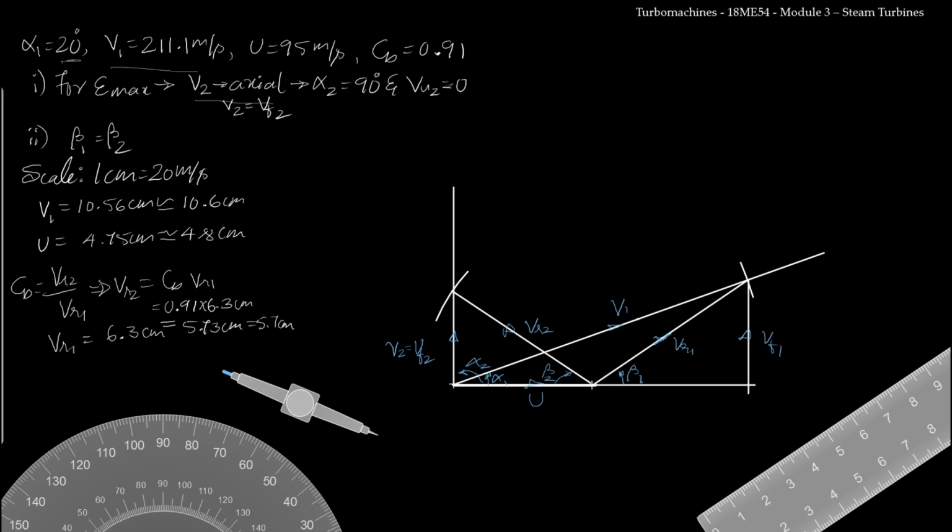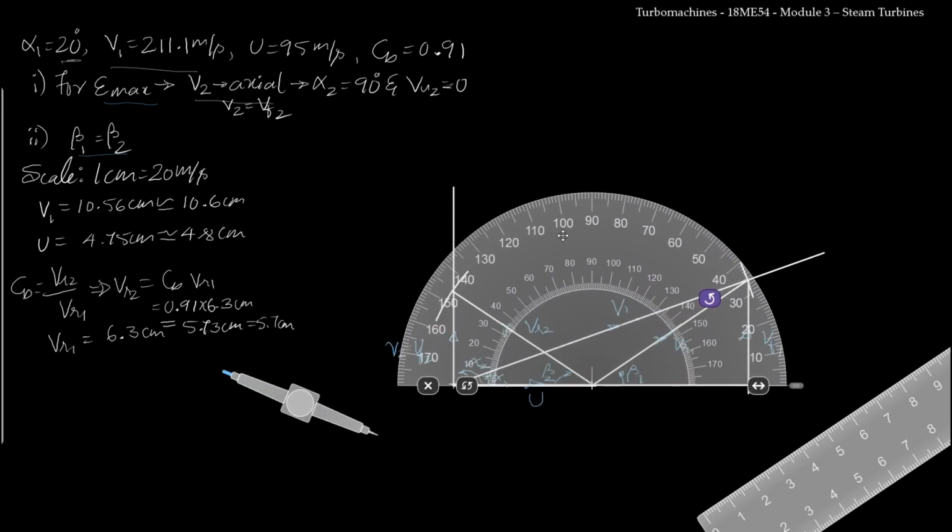Now let us construct the velocity triangle for the second case. So here the only change is, instead of epsilon max, we need to draw the triangle for beta 1 equal to beta 2. For that purpose, first let us measure the angle of beta 1 and beta 2 from the first velocity triangle.